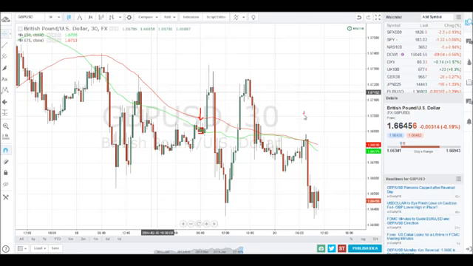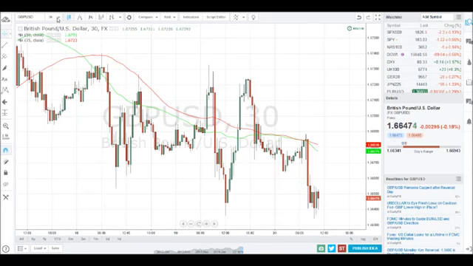And then our next signal is here, a pin bar. The red moving average is still above the green. Price falls on the downside. If we were trading 30-minute binary options, we could have made another loss there, but then we have this bearish engulfing off these moving averages, and that would have been a win.